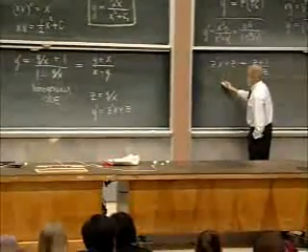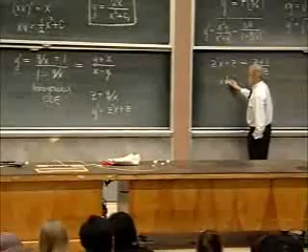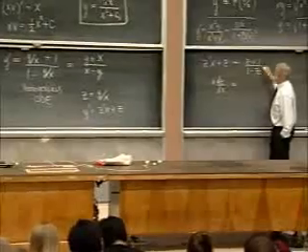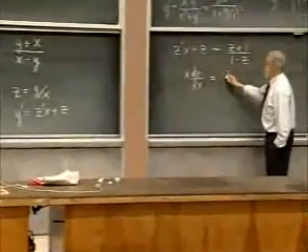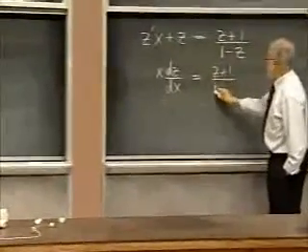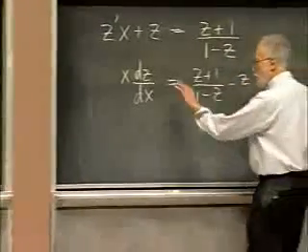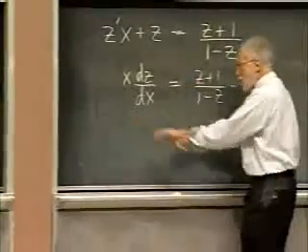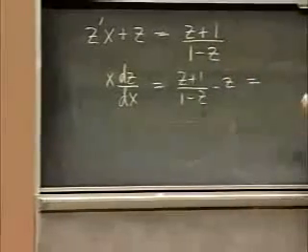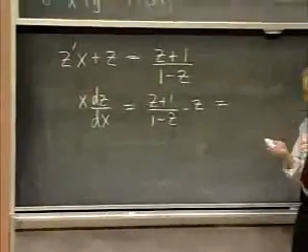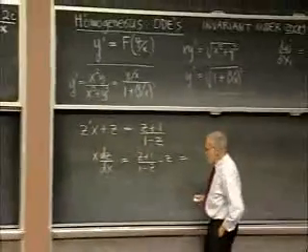So this is going to be x dz dx equals this thing minus z, which is z plus 1 over 1 minus z, and now, as you realize, putting it on the other side, I'm going to have to turn it upside down. Just as before, if you have to turn something upside down, it's better to combine the terms and make it one tiny little fraction.